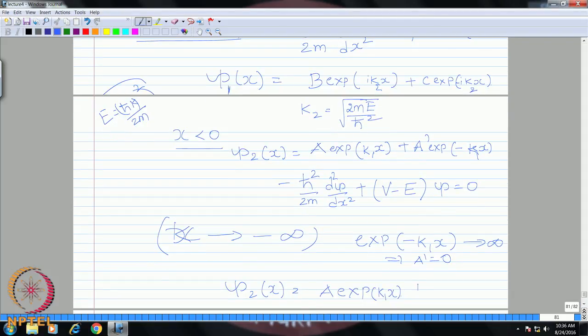Whereas, in this case, x less than 0, your k1 will be the square root of 2m, instead of E we will have V minus E, by h bar square. Let us also be consistent, so we will use this as 1 for x less than 0, because we have used k1 here, and let us do this as 2.